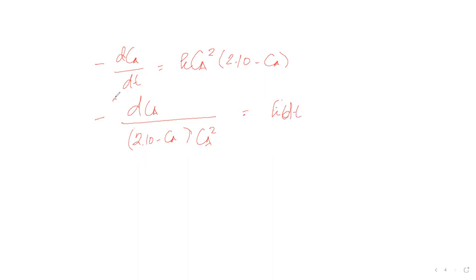This side will have to start with an initial concentration of A, which is 2. We started with 2, and a final concentration of, what do you think is the final concentration, by the way? So again, we'll put here a question mark.